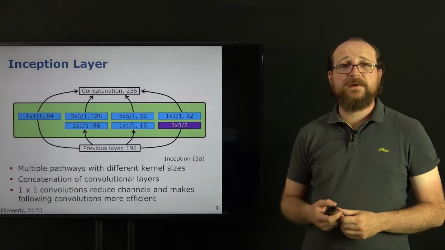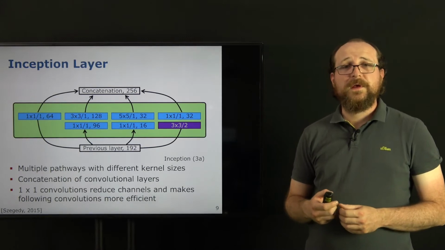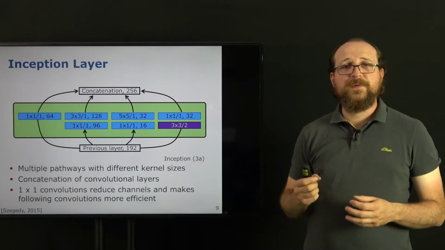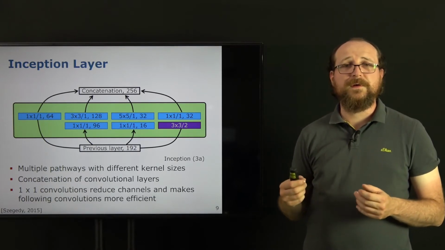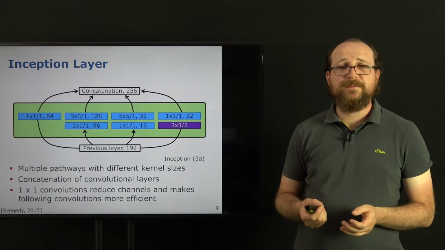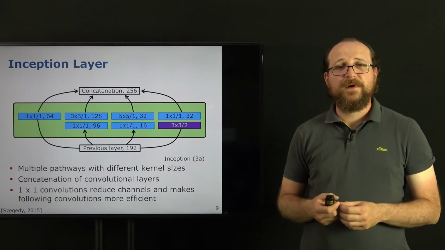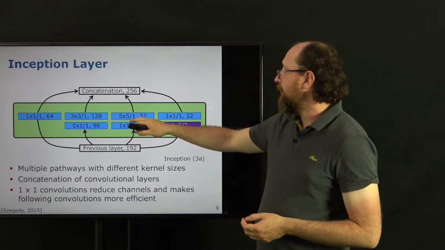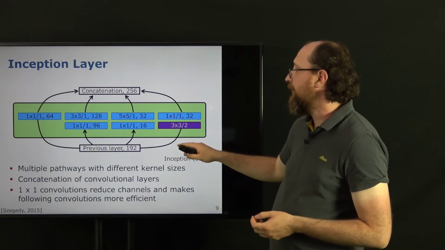The inception layer looked a little bit different. Instead of committing to a specific convolution in one layer, they basically used all convolutions at the same time, so to say. So they had the 1-by-1 convolutions, the 3-by-3 convolutions, and the 5-by-5 convolutions, and also a max pooling operation in the layer.